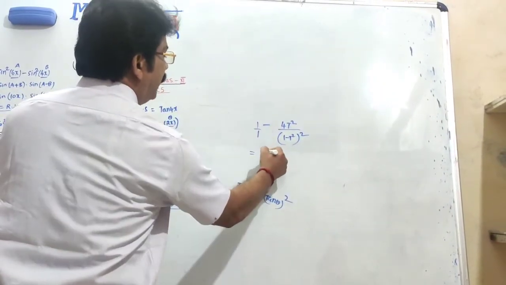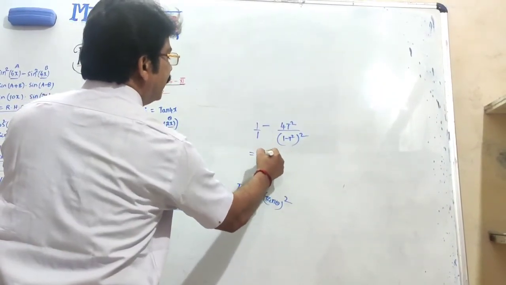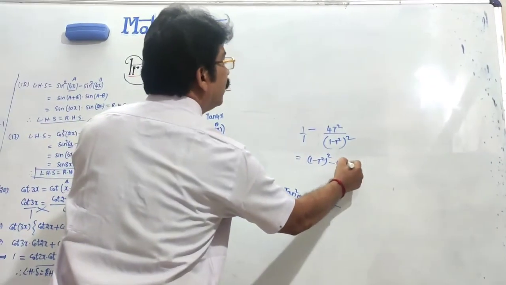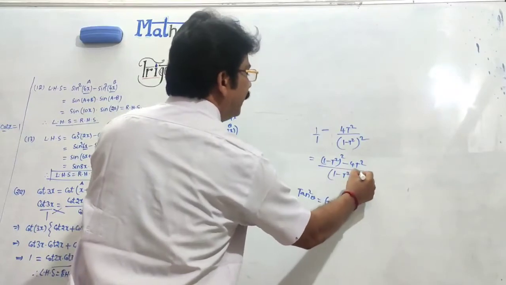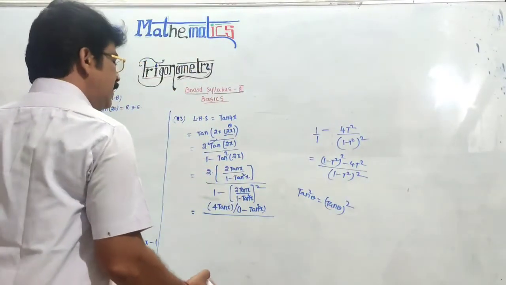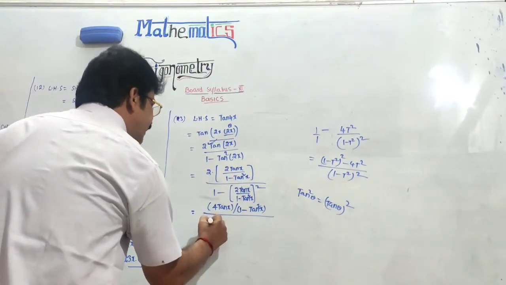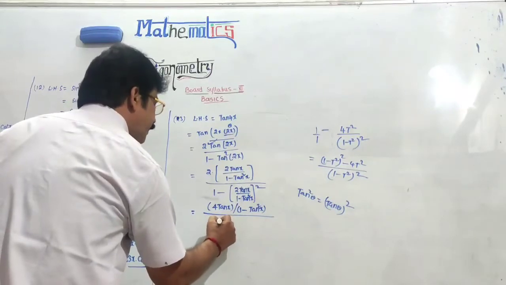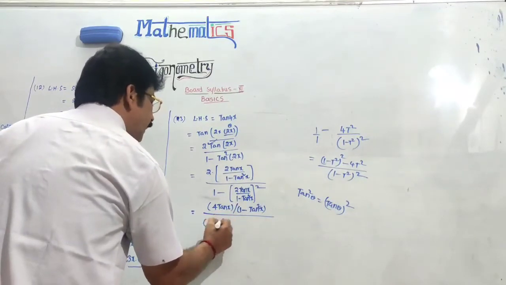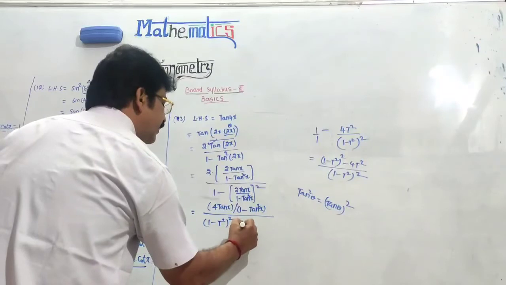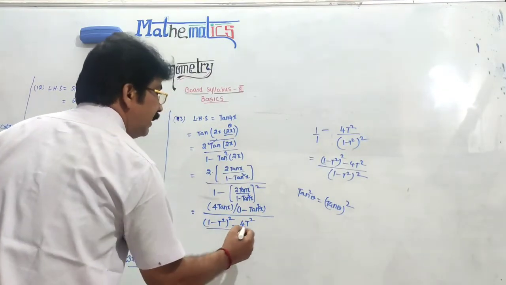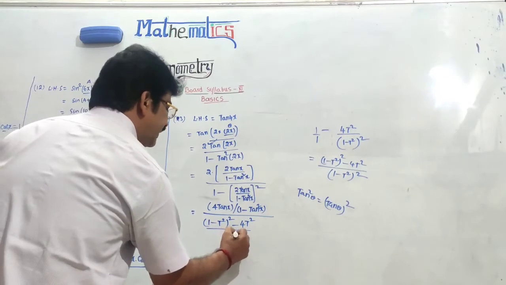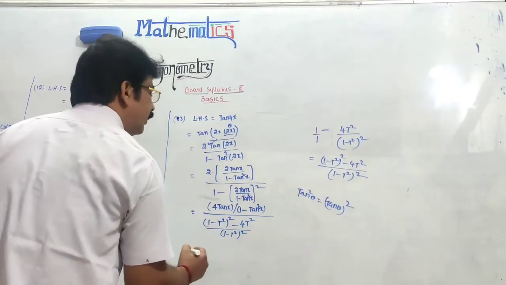On LCM, it is 1 minus tan square whole square minus 4 tan square divided by 1 minus tan square whole square. Okay? So, 1 minus tan square whole square minus 4 tan square, whole divided by 1 minus tan square whole square.